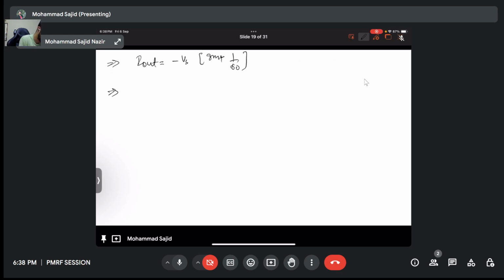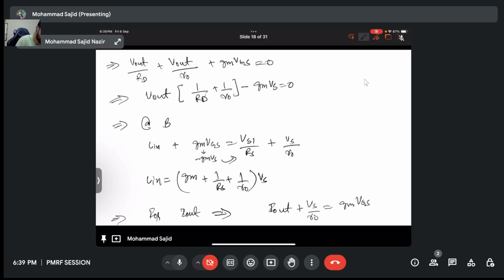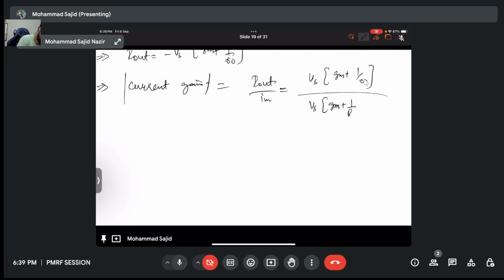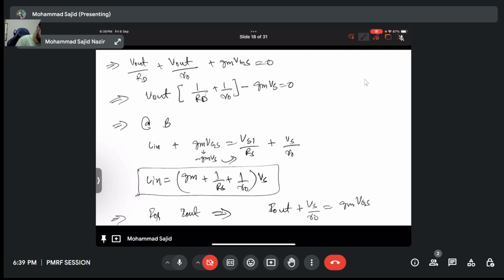Okay. So now if I have to calculate the current gain, let me take the magnitude to be I output by I input. So this will be Vs GM and by R naught whole divided by I input, which is again in terms of Vs as GM plus 1 by Rs plus 1 by R naught, correct?